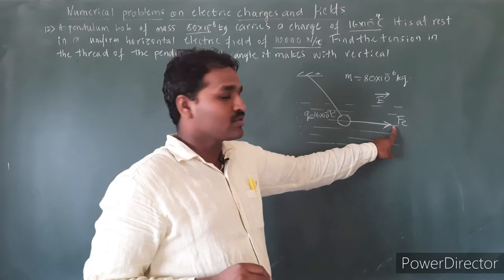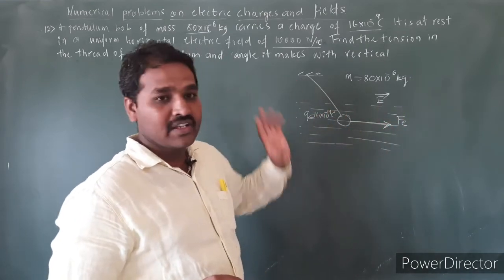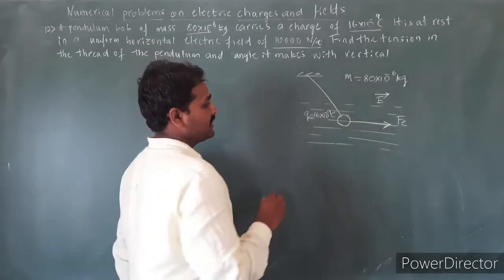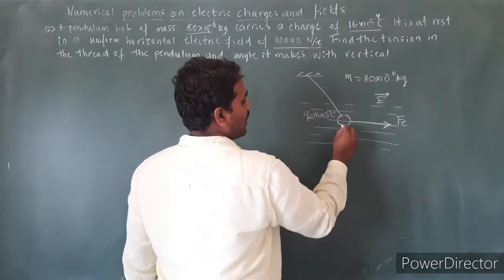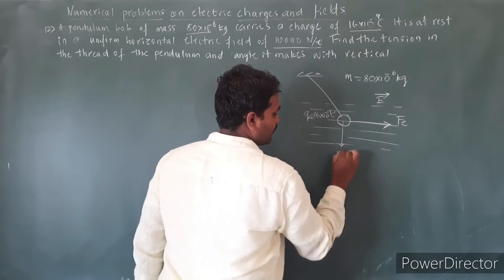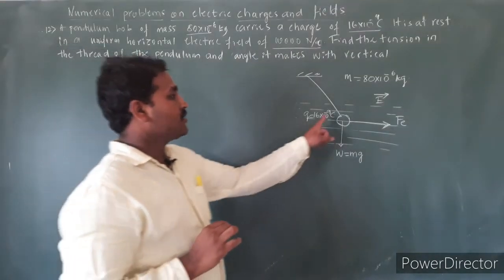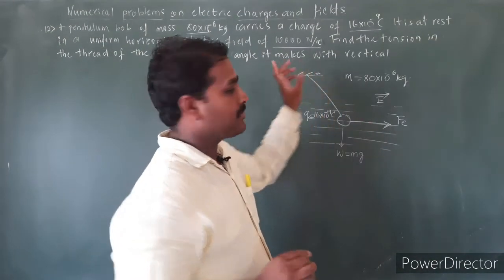Okay, and this electrostatic force will be along the positive x direction, in the direction of the electric field. Yes, then because of the mass there will be weight of the pendulum, which is equal to m into g. Okay, and there will be tension in the thread of the pendulum.